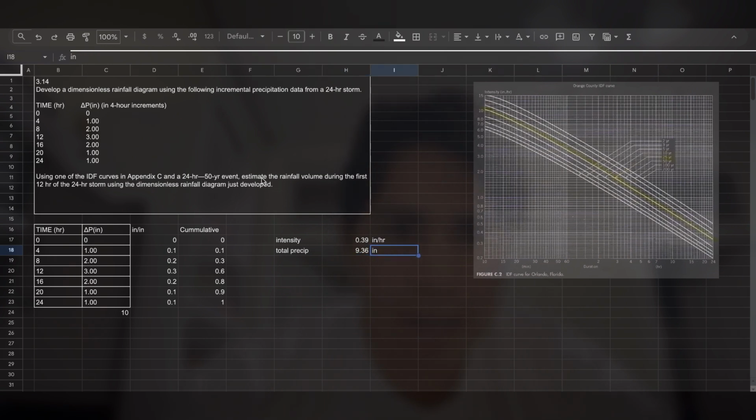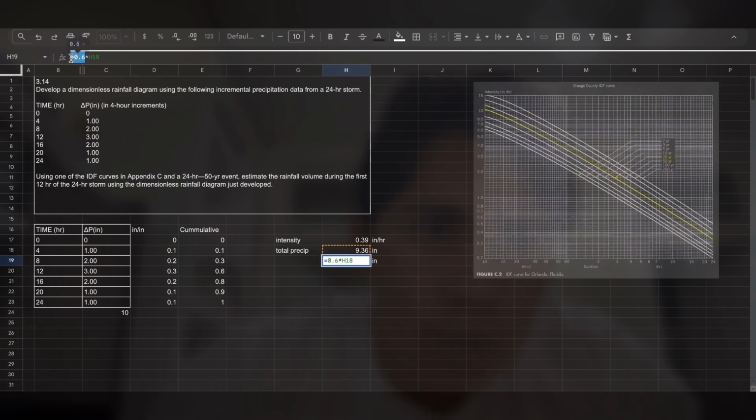And now we're asked to estimate during the first 12 hours. That would be equal to 0.6 times the total precipitation.